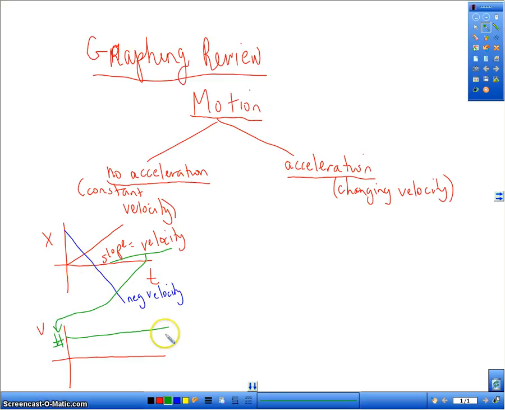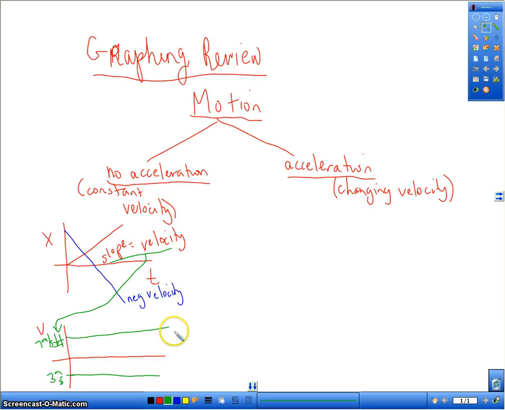So if something was moving at 7 meters per second, then I would plot straight across at 7 meters per second, and up here the slope of this would be 7 meters per second. If something were moving backwards at, say, -3 meters per second, then I would plot down here at -3 meters per second, straight line across, and the slope of my line over here would have to represent a slope of -3.